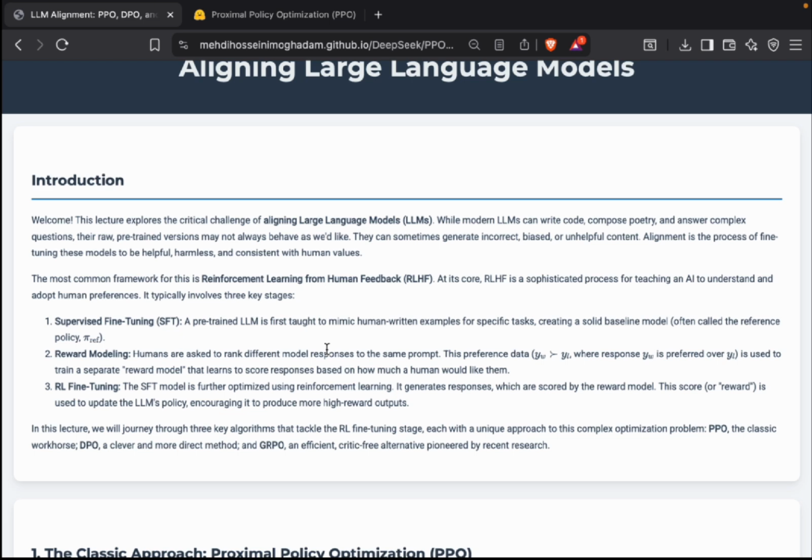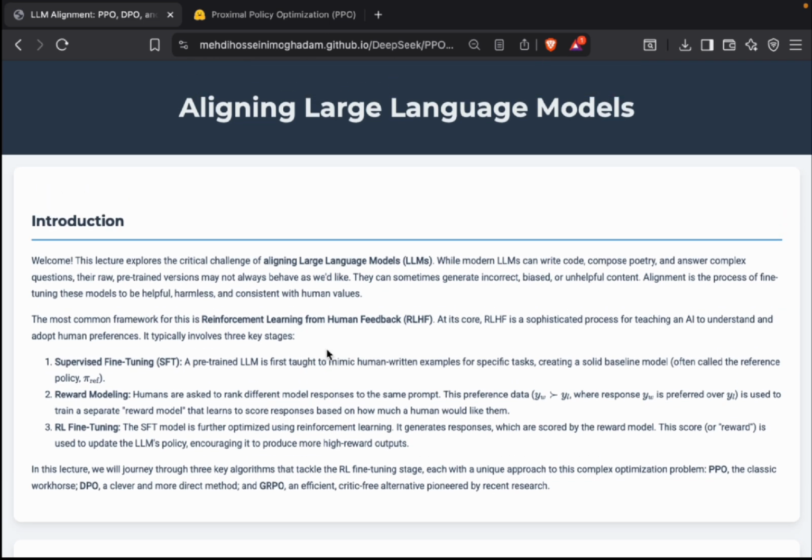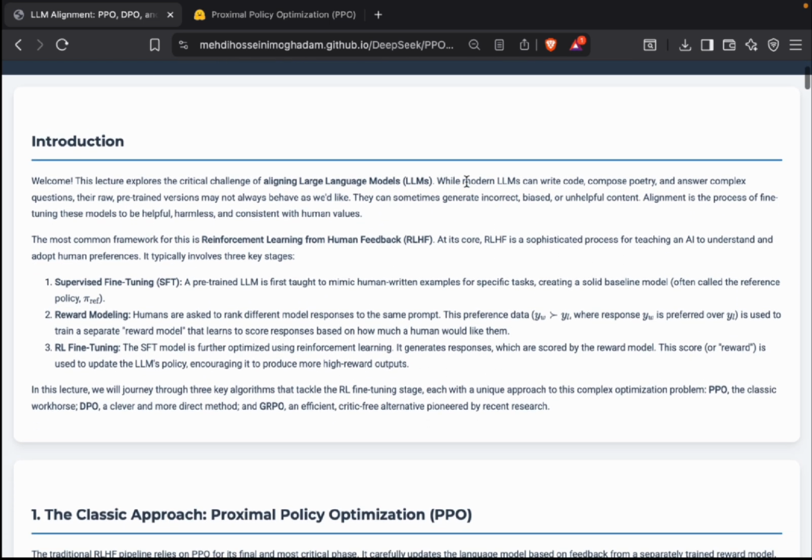For example, when we train a big LLM and try to talk to that model, it might be harmful, or it might not give answers in a proper chat format, or might be sexist, racist, harmful, and so on and so forth. So in order to put it into the right framework, we need to align it, and that's what is called aligning large language models.